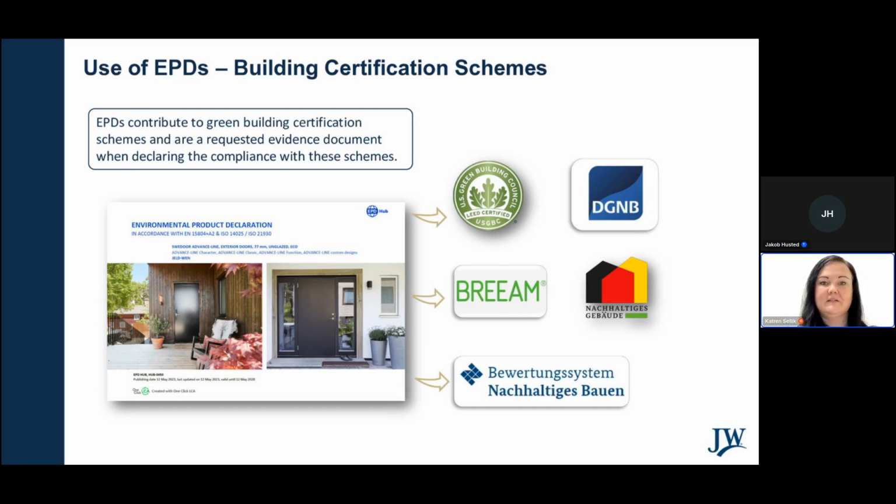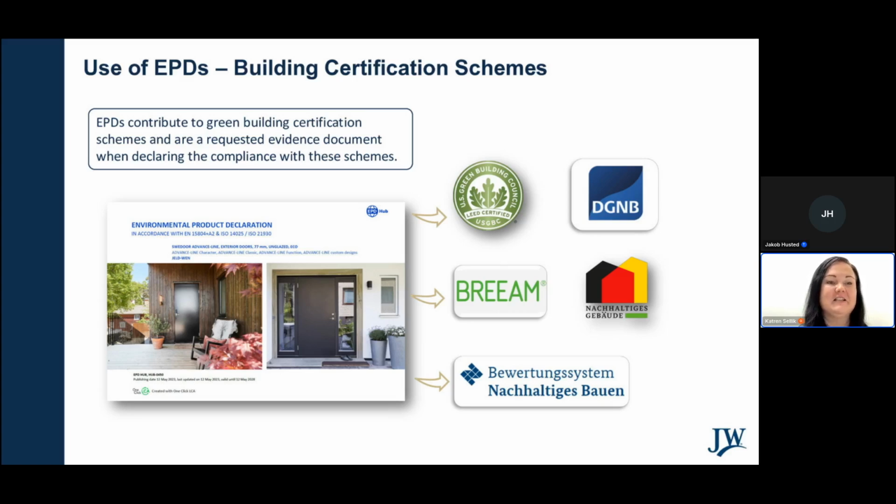Secondly, there are building certification schemes on the market which are very actively used by the building companies, and EPDs can contribute there for schemes like, just some examples, LEED, DGNB, BREEAM, then some German schemes like QNG, BNB. But I think that there are more.